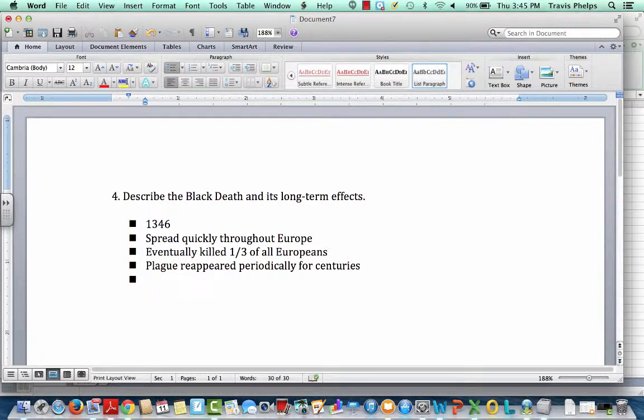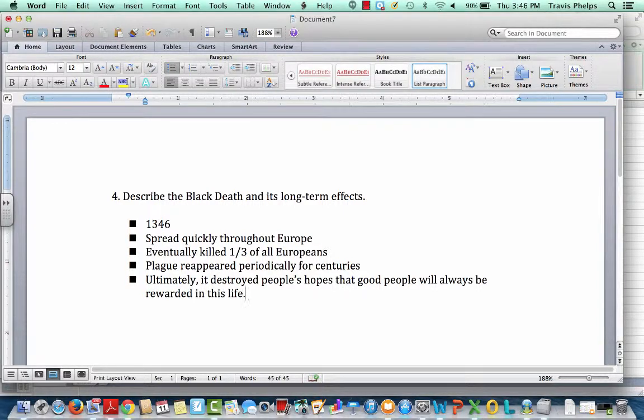So we know that, but also the long-term effects that are very important, of course, is that ultimately it destroyed people's hopes that good people will always be rewarded in this life.